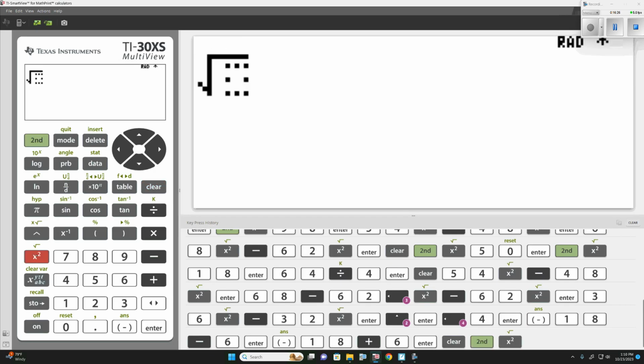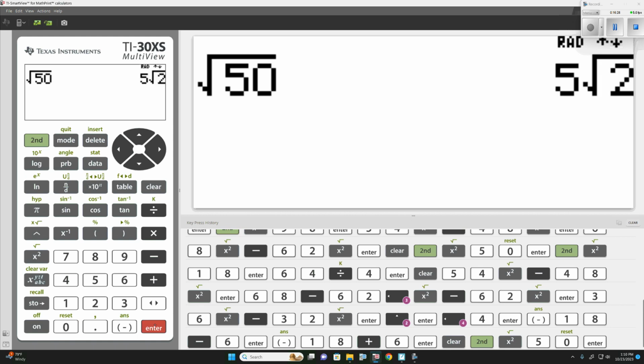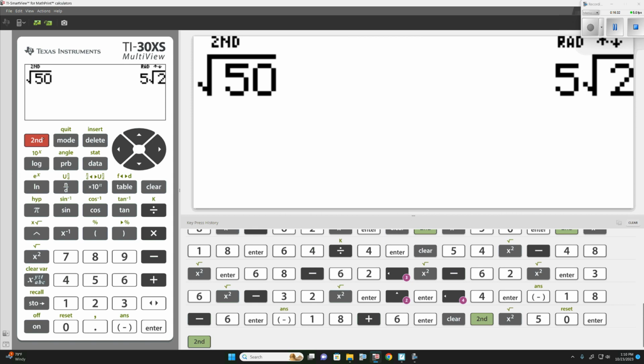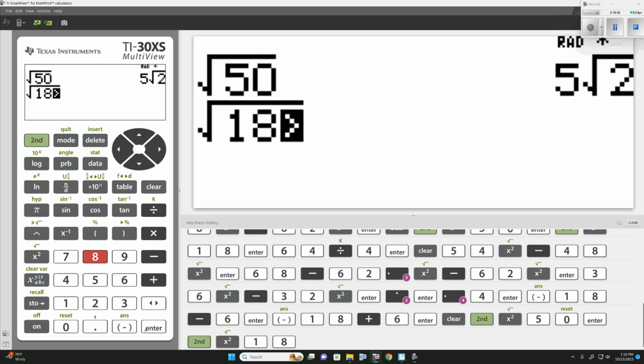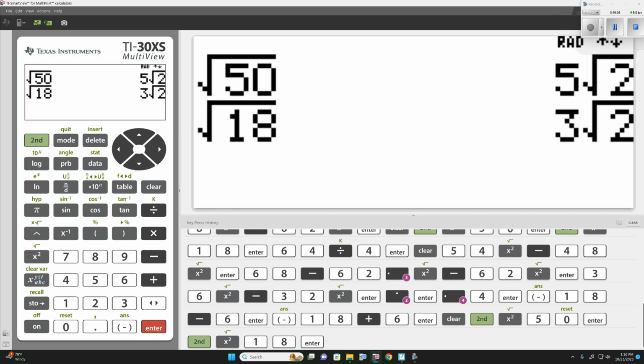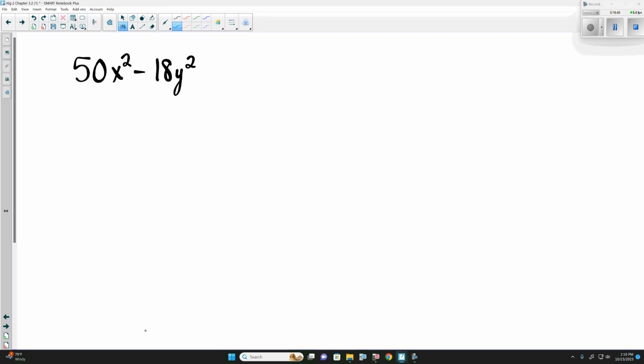Well, we can take the square root of 50, and we get, so it's not a perfect square, and 18 is not one either. Now, is there a greatest common factor between 50 and 18?